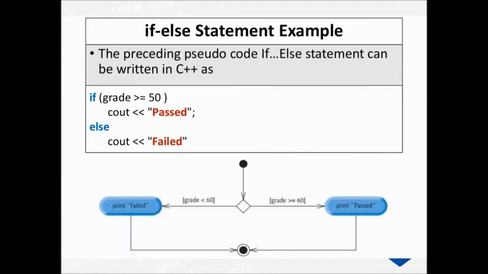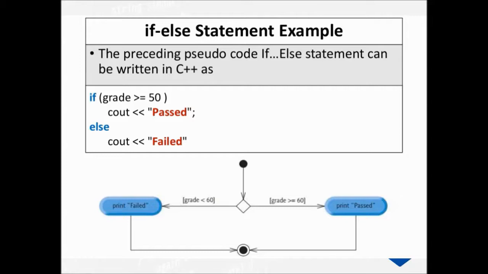I have an if-else statement example. In our previous code, we write if grade is greater than or equal to 50, it prints pass. If grade greater than or equal to 50 becomes false, then it prints fail on the screen.